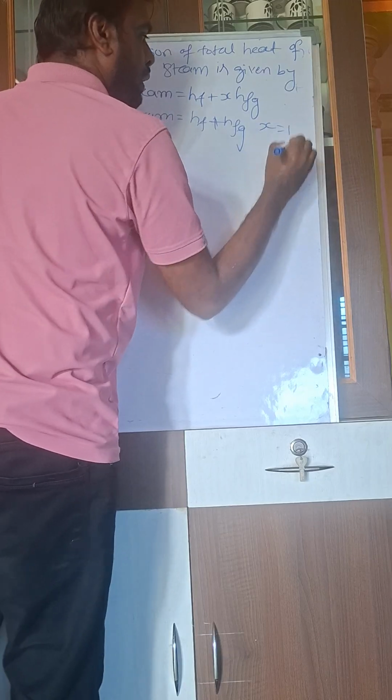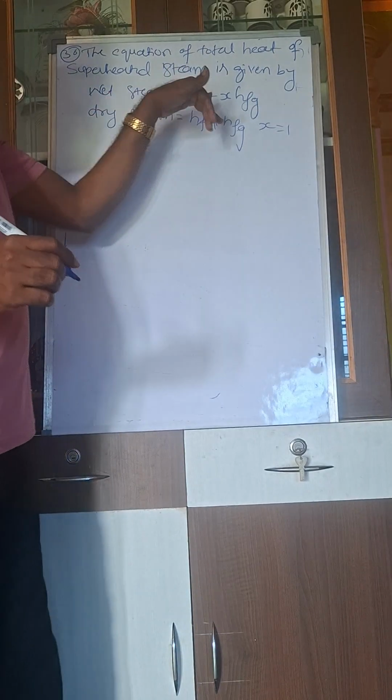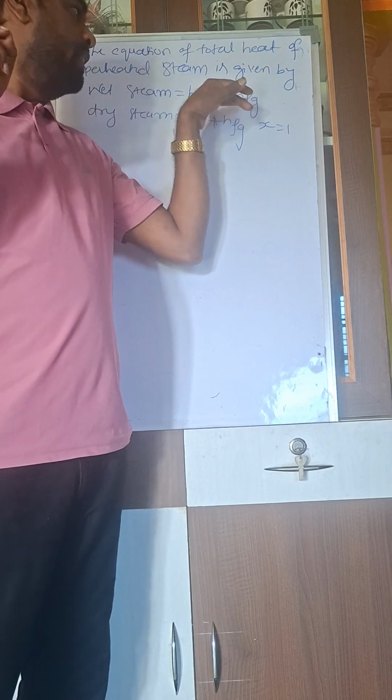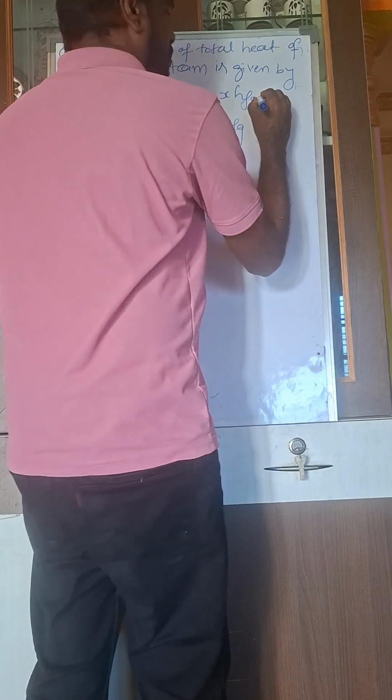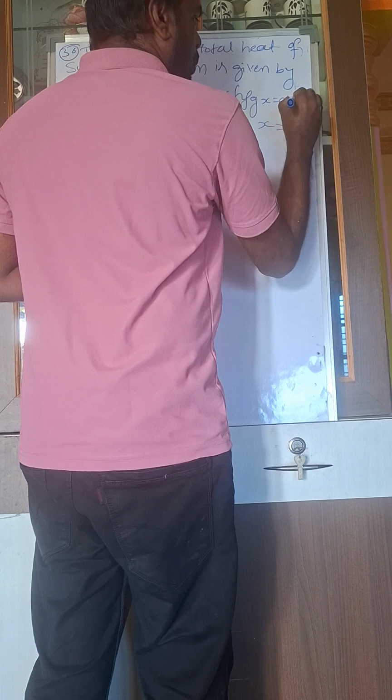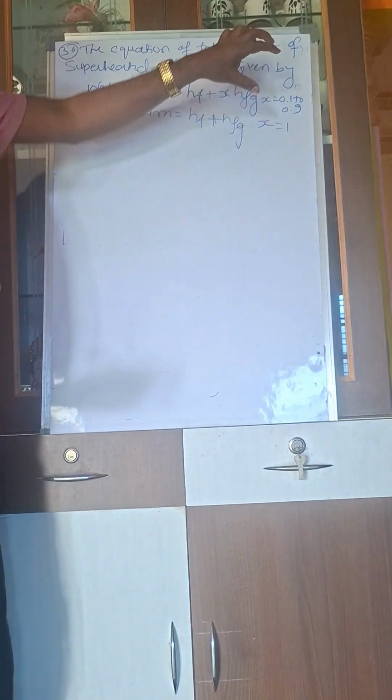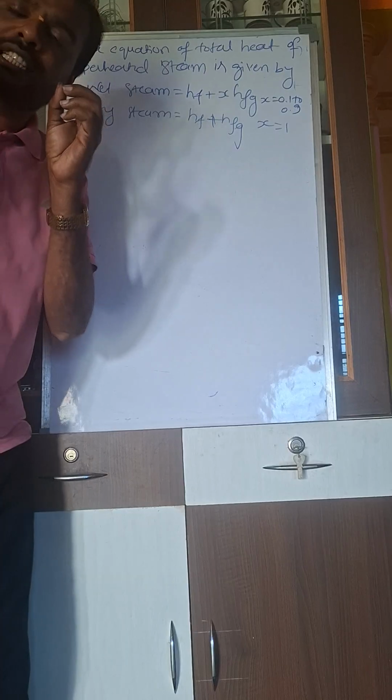The wetness of the steam, x, ranges from 0.1 to 0.9. This is the wetness content inside the steam.